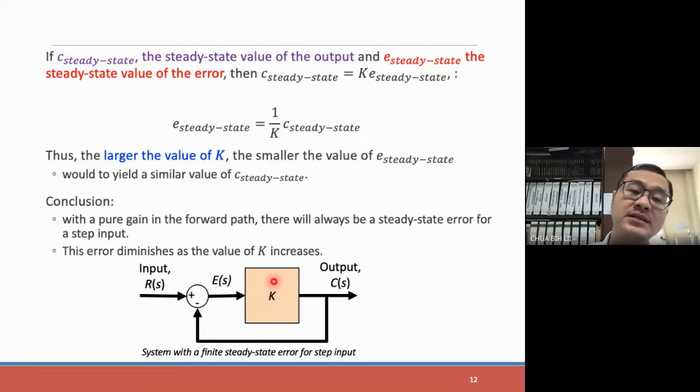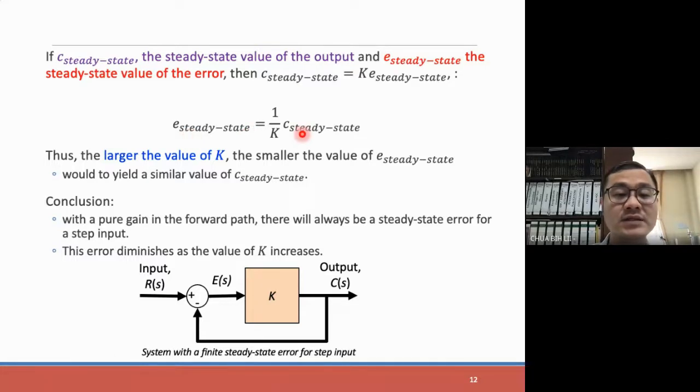So here, this K, since it is in the denominator, the larger this K value, the smaller the steady state error would be. If you have 1 over 1, then your steady state error will be the C steady state. But if you have 1 over 1 million, then your steady state error would be much smaller, which is 0.00001.